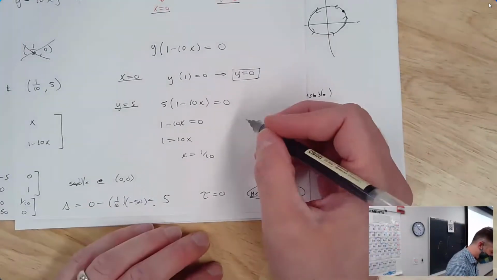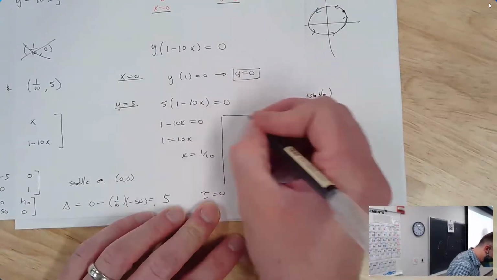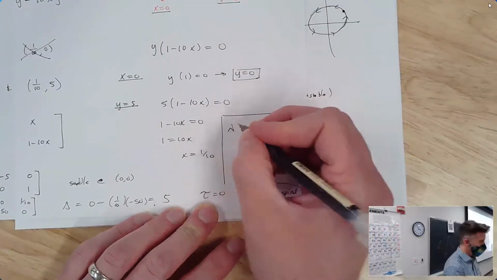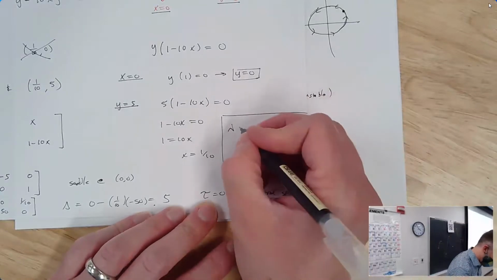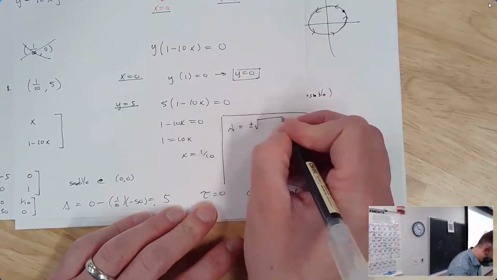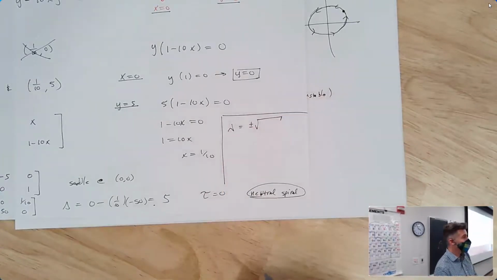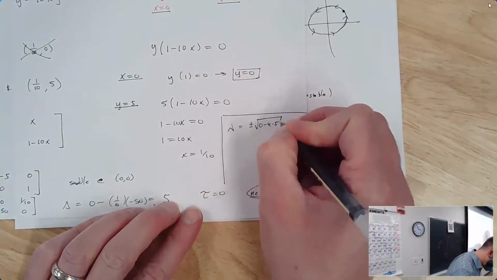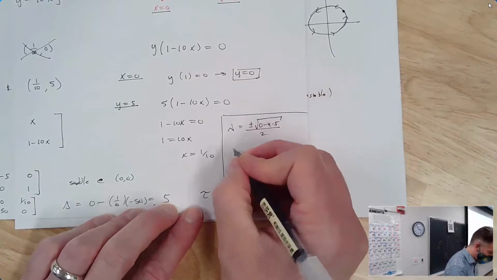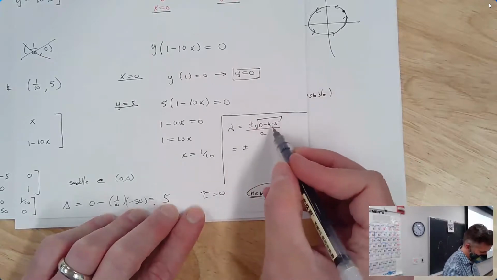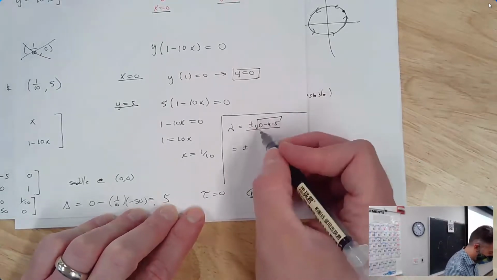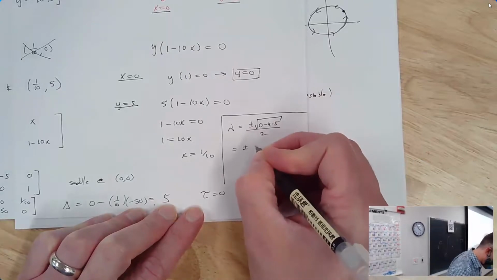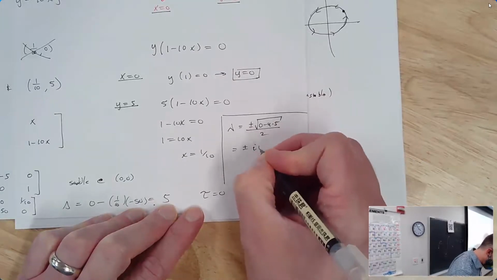So we can see that the eigenvalues would have been the trace, which is 0, plus or minus the square root of the trace squared minus 4 times the determinant, all over 2, which ends up being plus or minus the square root of negative 20 over 2, which is plus or minus i root 5.